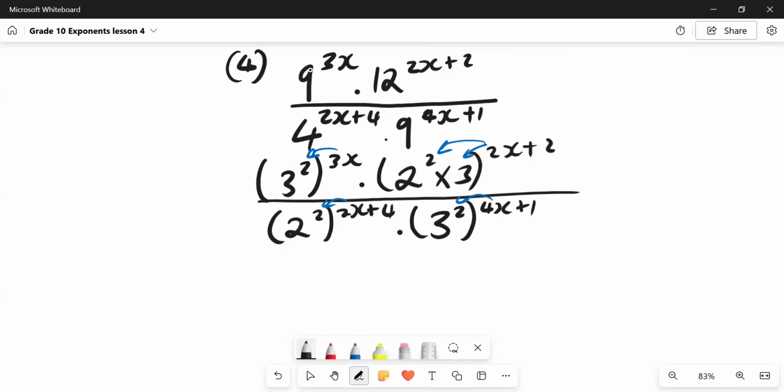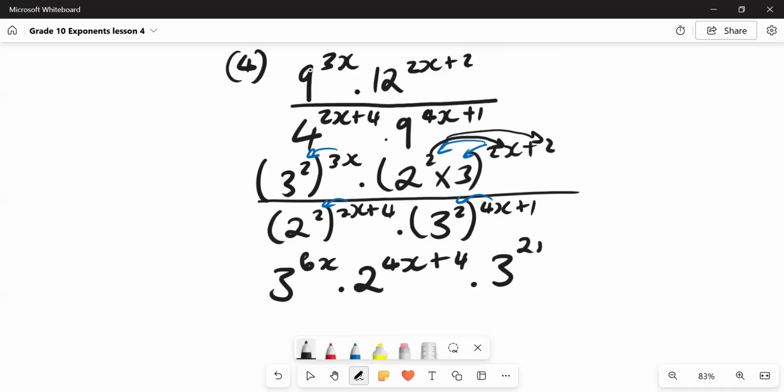Let's do that. 2 times 3, that's 6. And then there's x, we're done. Distribute that 2. So you'll have your 2 to the power of 4x, because 2 times 2x, that's 4x. And then 2 times 2, that's plus 4. We're done with 2. And then 3, you'll have your 2x plus 2.